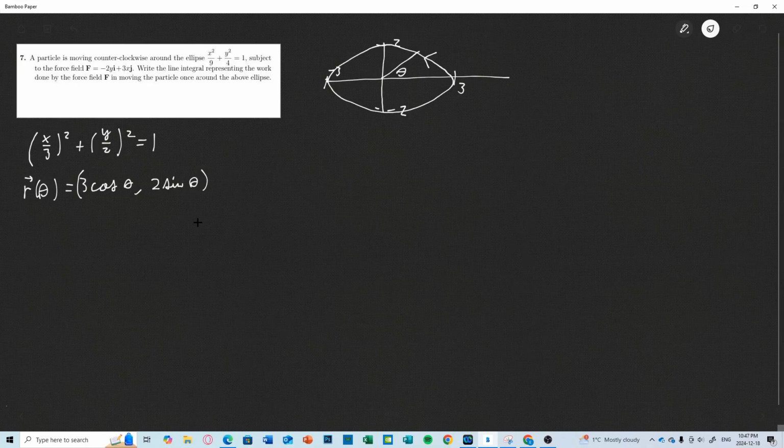So instead of an r for polar coordinates, it just becomes the denominator. And then our angle, because it goes around the full ellipse, it goes from 0 to 2 pi.